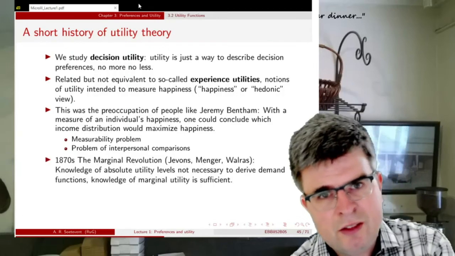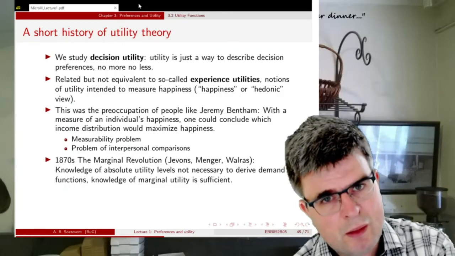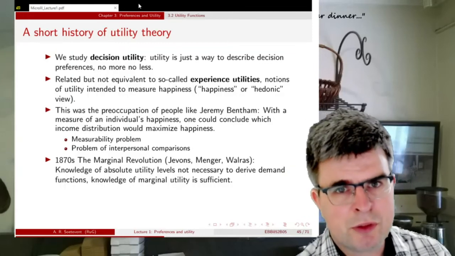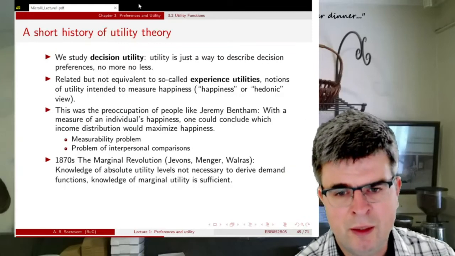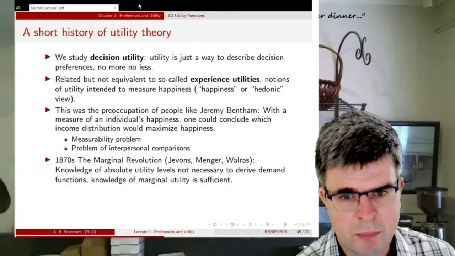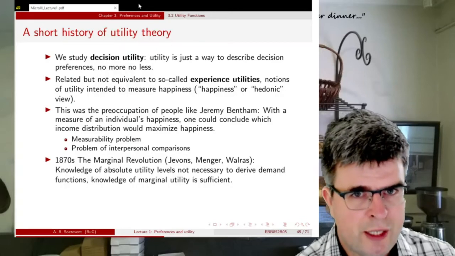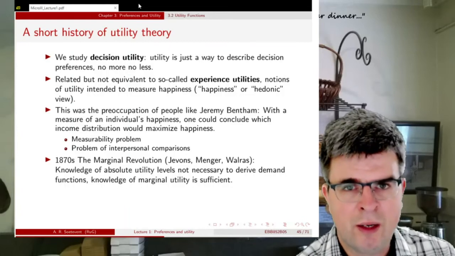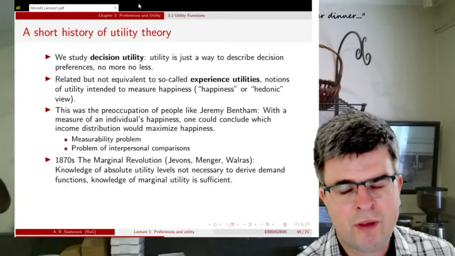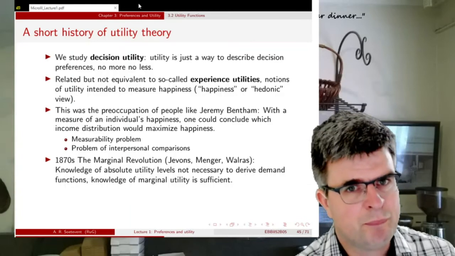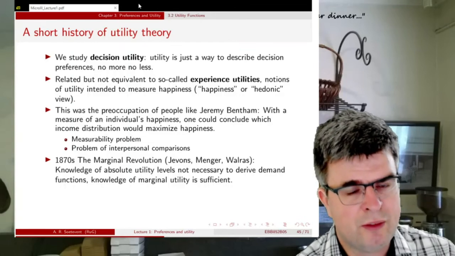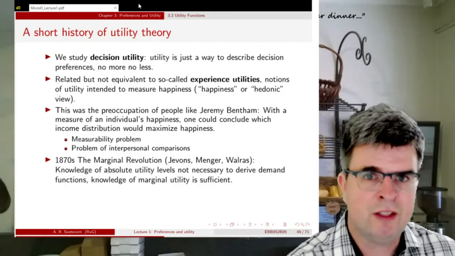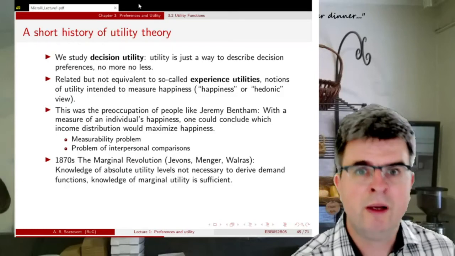In the 1870s, a new approach arose, the famous marginal revolution, instigated by people like Jevons, Menger, and Walras, who said we don't need to measure the absolute utility levels of people. We don't need that knowledge to derive demand functions, because knowing the marginal utility, how much utility changes if people consume a cup of coffee instead of not consuming that cup of coffee, is sufficient.